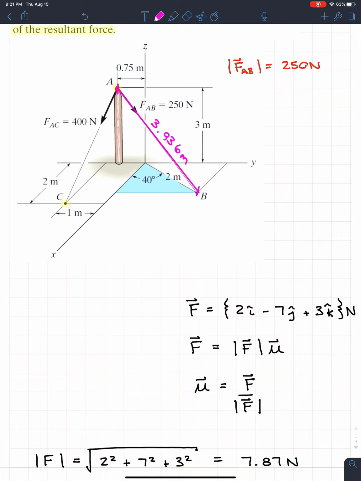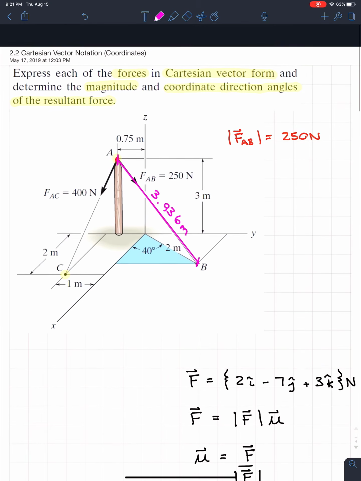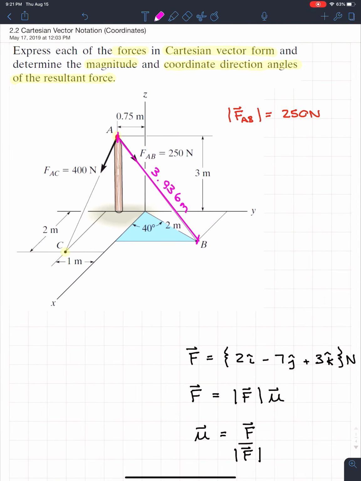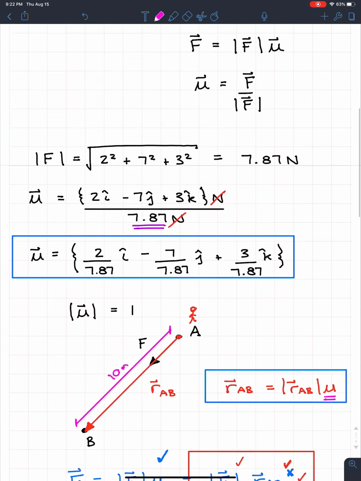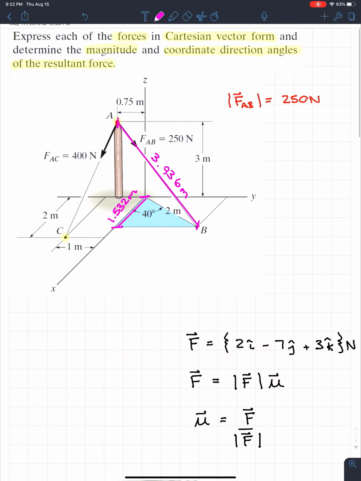Similarly, all of these numbers in the position vector, those are the lengths of each component. So let's look at the I. It goes 1.532 along the x-axis. So what that means right here is this distance here from A to B, this is the 1.532 meters. Similarly, for the y direction, we got 2.036.